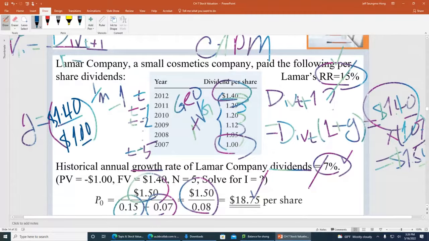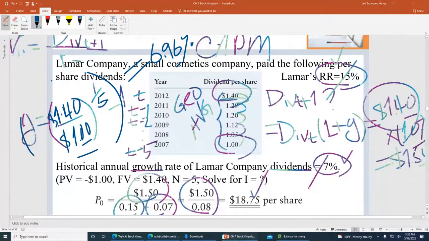The ratio is 1.4 anyway. And then n is 5. And if you do that, you'll actually come out to 6.96%, right? It's not exactly 7%. They just used a rounded number, right? They just rounded it.